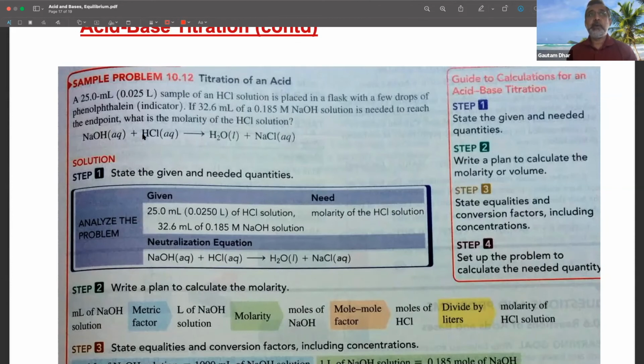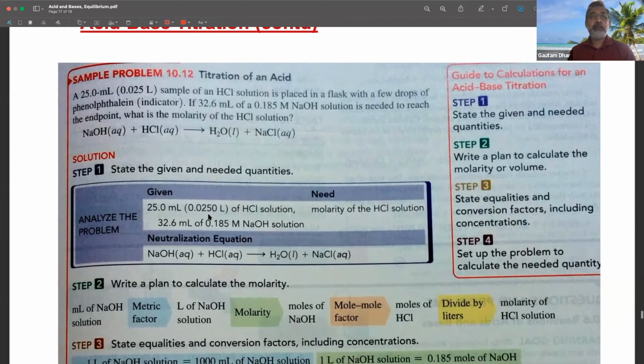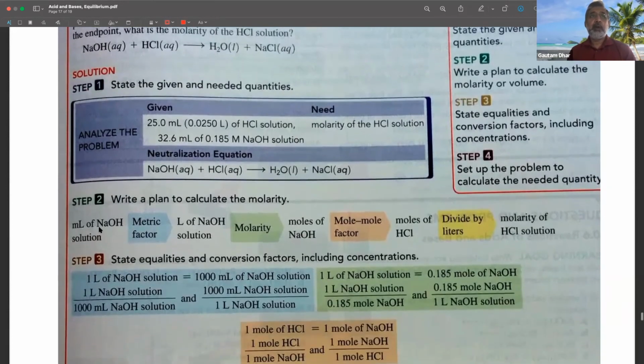So you know how many moles of sodium hydroxide you have added. Now this is the stoichiometry of the reaction. You always have to write the balanced chemical equation. In this case it is 1:1, so 1 mole of sodium hydroxide will react with 1 mole of HCl. At endpoint, they are going to be of equal moles. So from the volume and the molarity of sodium hydroxide, you convert milliliters to liters, and from liters of sodium hydroxide you go to moles of sodium hydroxide.